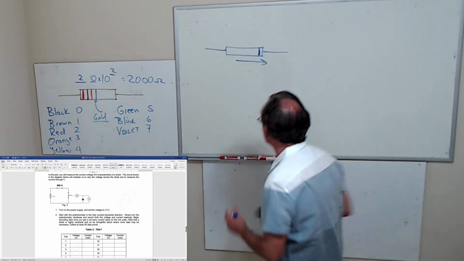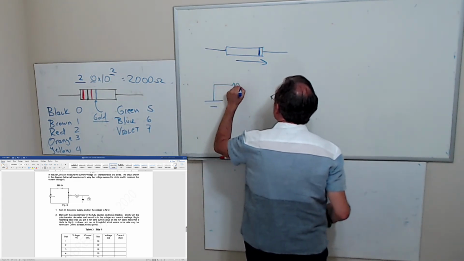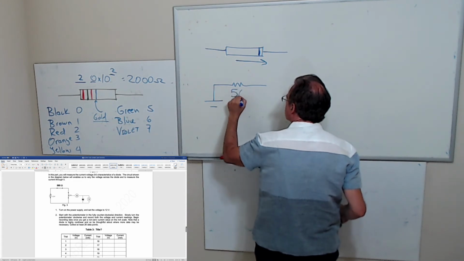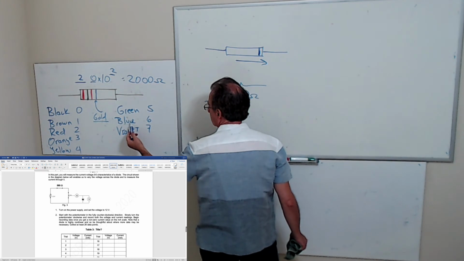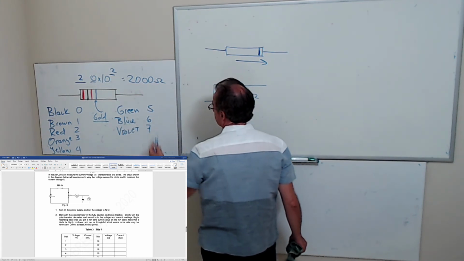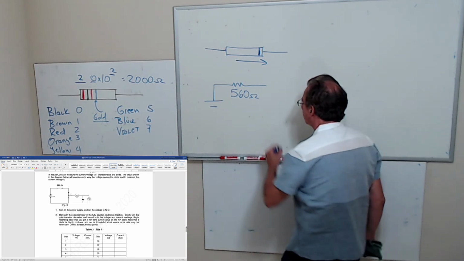You're going to take 12 volts and run it through a 560 ohm resistor. So it's going to be green, blue, brown.